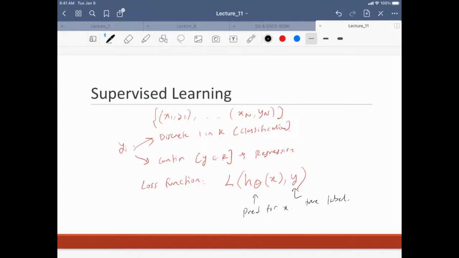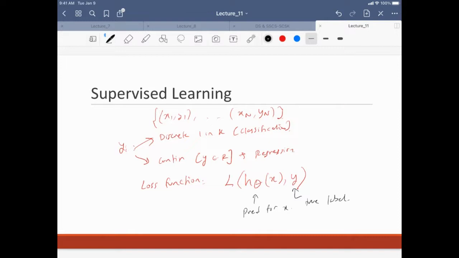What this loss function tries to say is that if the two are close in some sense, then it should have a small loss. And if the two are far away from each other or completely different, then it should have a larger loss. And depending on classification and regression, you have different kinds of loss functions. So that's the basic idea of a loss function.